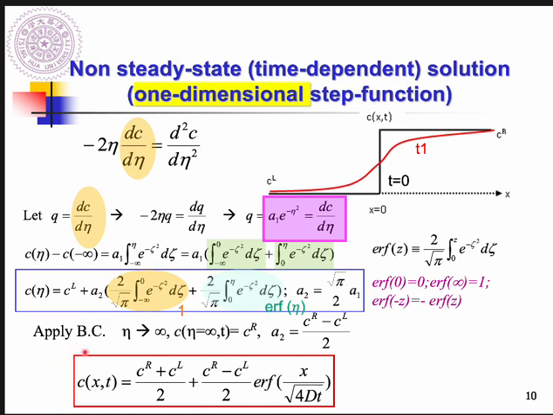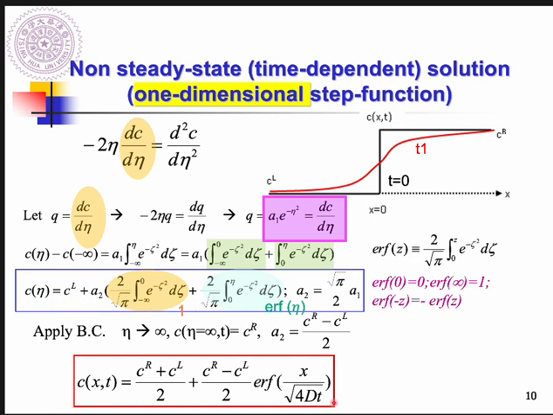You need the help from the boundary condition, the one you haven't used. In the beginning you used CL, but you haven't used CR. So use the boundary condition, then you know A2. When you substitute A2 back, you will get C equal to this.